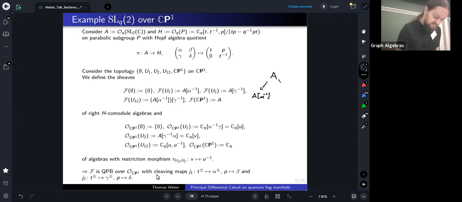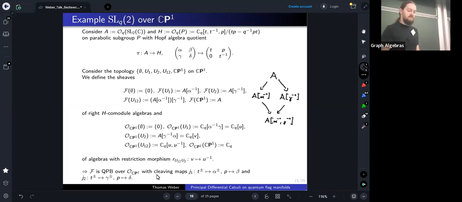Okay, on U2, we take the other Ore extension where we allow gamma to be an invertible element. And on the intersection of both, on U12, we take both: A with alpha^-1 and gamma^-1. And you can see that you have injective arrows here.